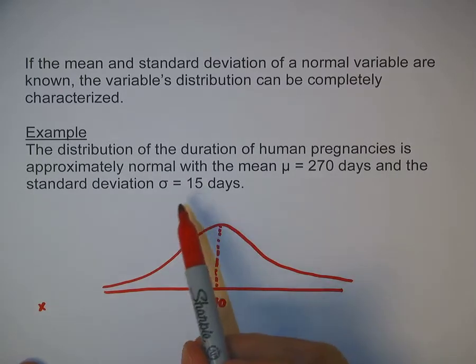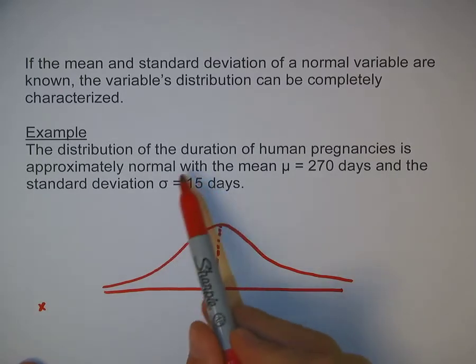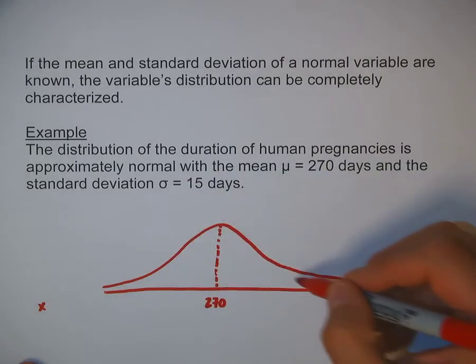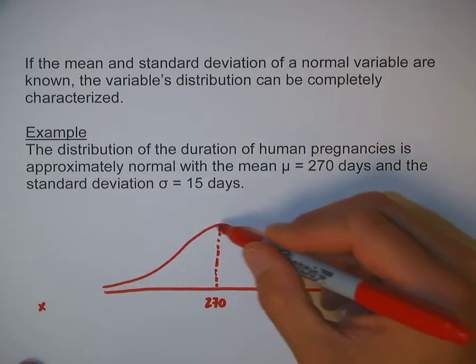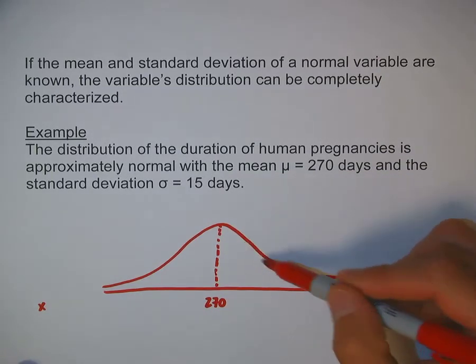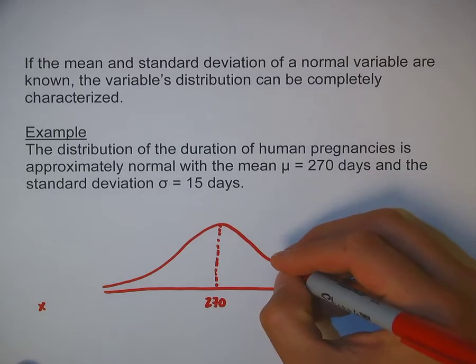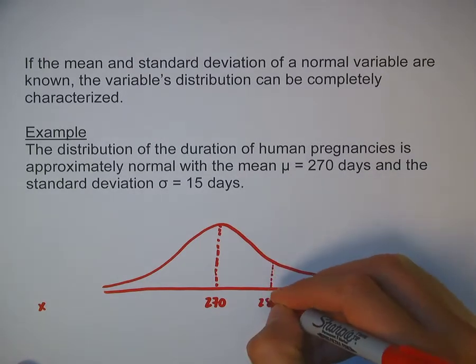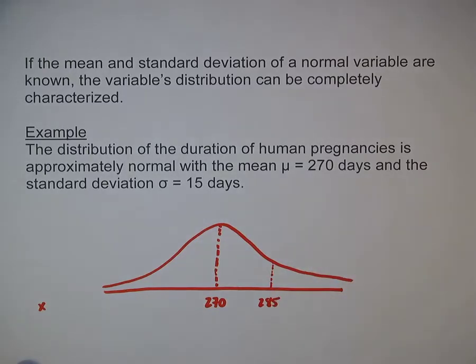Now I know that one standard deviation is 15 days. So on this distribution I'm going to find about the inflection point, where this thing starts to bend more and more. That seems to be here at about 285.